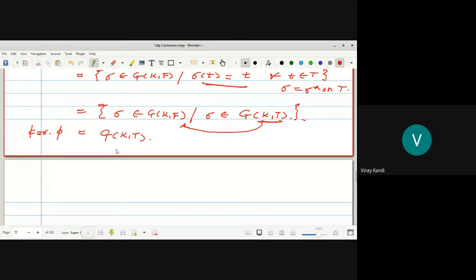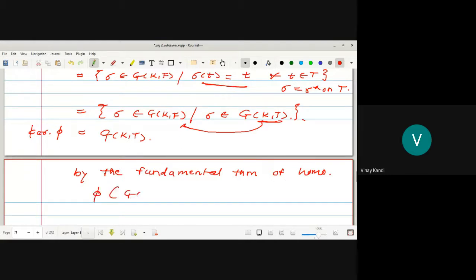G(K/T). Now, by the fundamental theorem of homomorphism, algebra 1 chapter lecture number 1, we have the image of G(K/F) is isomorphic to G(K/F) divided by the kernel of phi.